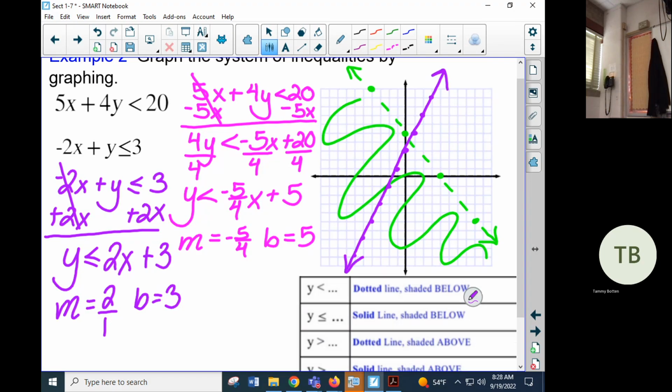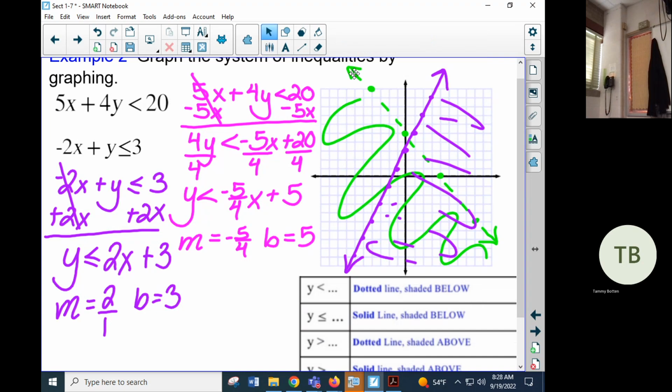Okay. Now, in this one, notice this is also less than. So basically what we have is we have it right in this region. And when you get to that point, you're going to look at, okay, in this region over here, it's just shaded green. Up here, it's not shaded at all.